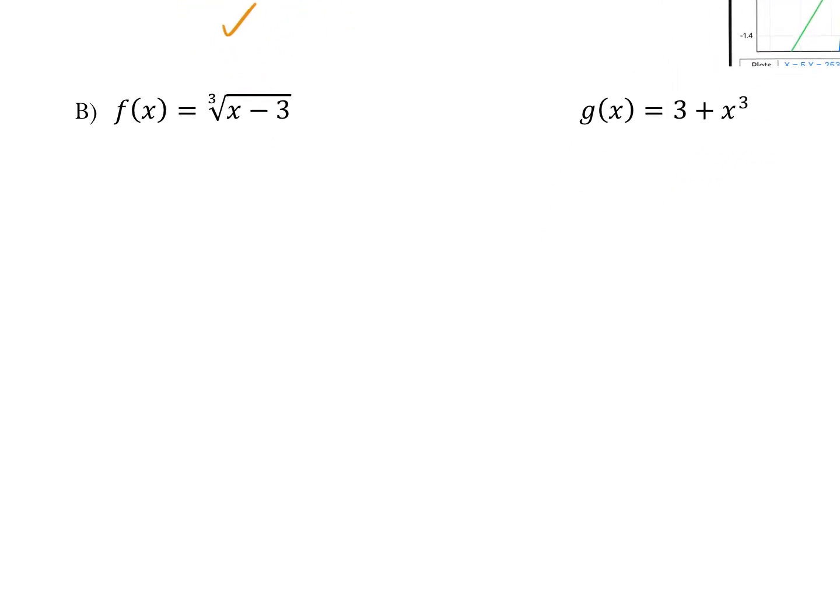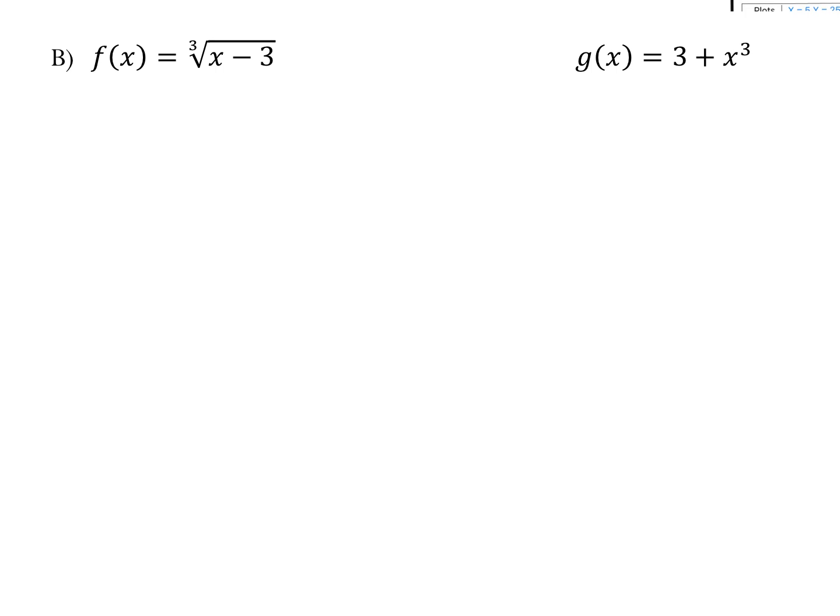All right, let's go ahead and look at, why don't you guys try this one, where you're just showing that these two are inverse functions.